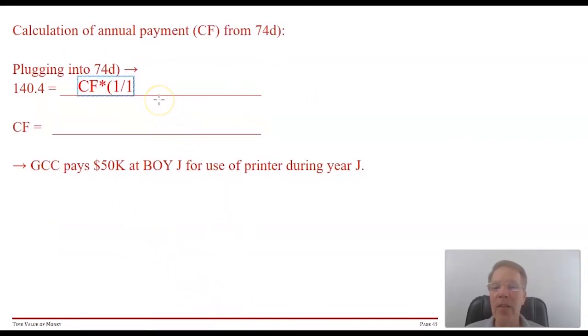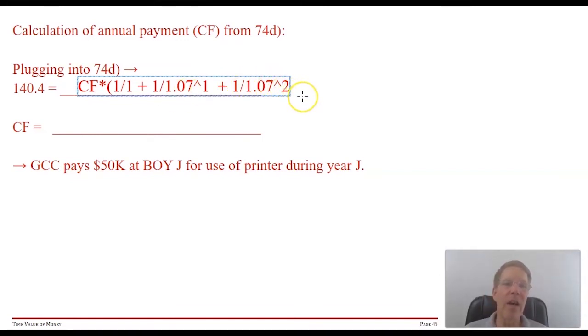Okay, so that's our first payment there, plus 1 over 1.07, raised to the 1, plus 1 over 1.07 raised to the 2. So this represents here the discounting of that final payment happening at end of year 2 that gives Green Car Company the exclusive right to use the machine for all of year 3.